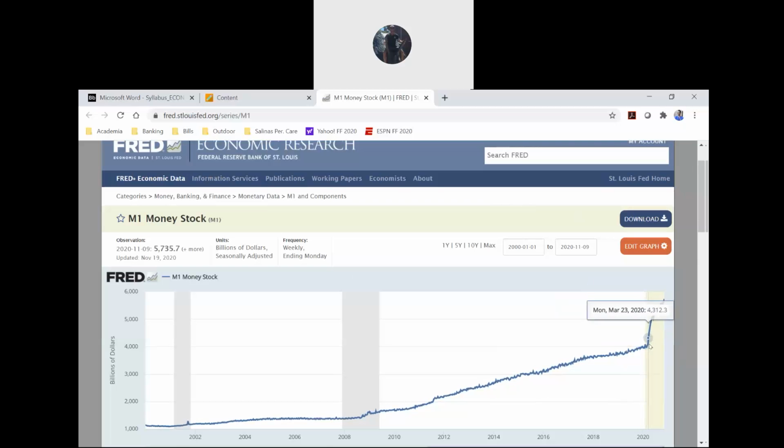So you can clearly see there's been some unexpected rise in the M1 money stock since the pandemic started because, number one, it's the safest place to hold your money, and number two, people want to save for a rainy day, which is now.